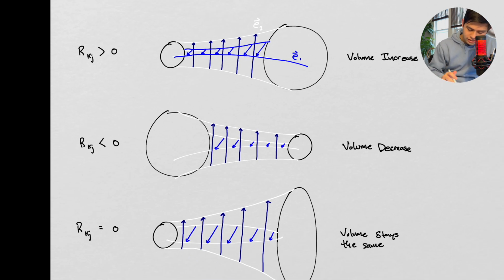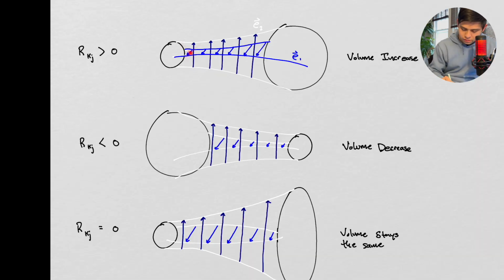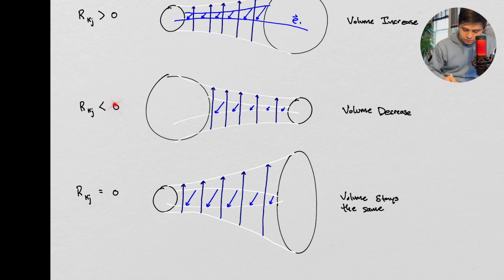And in the case where rkj is greater than 0, that means each orthogonal slice is always going to be increasing, and the sectional curvature is always going to be increasing. That is to say that V here, the separation vector, is always increasing. When it's less than 0, the separation is always decreasing, right?